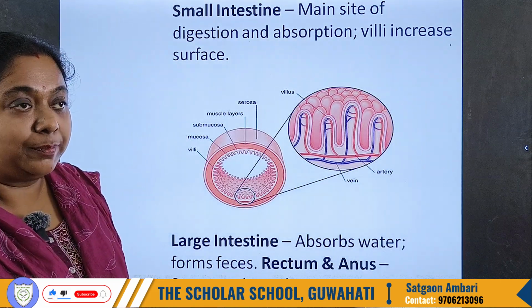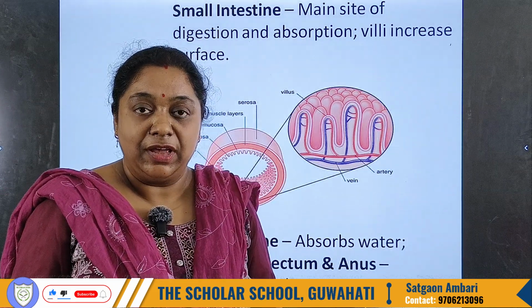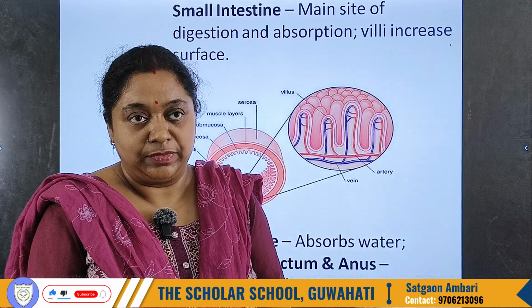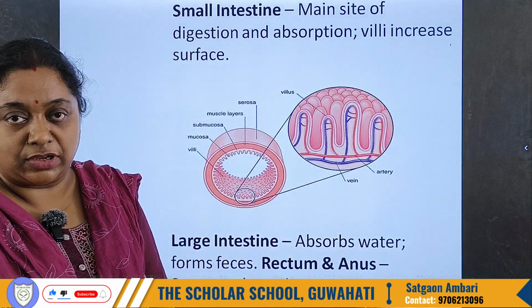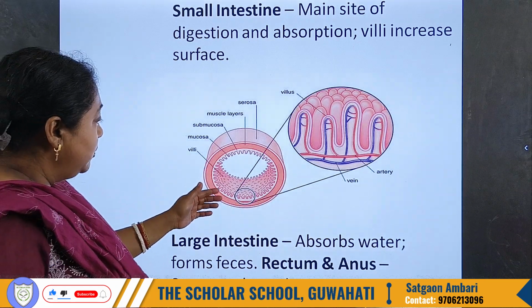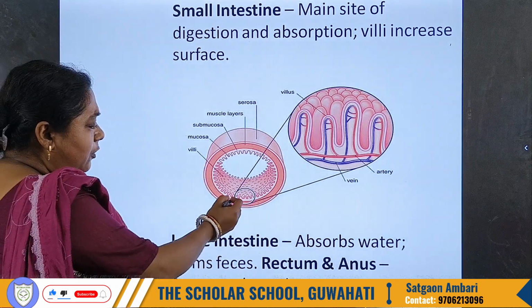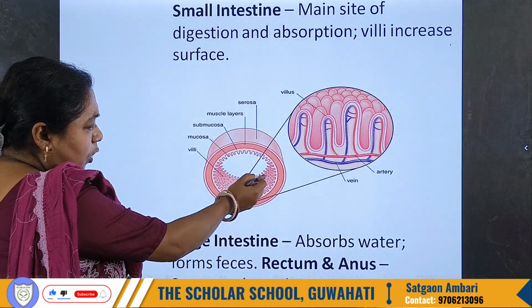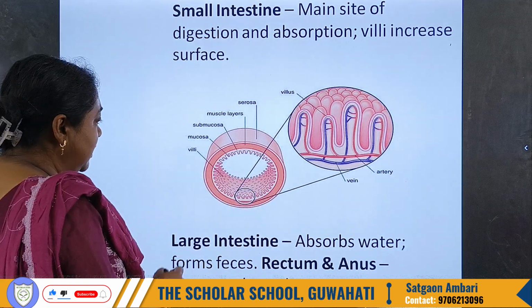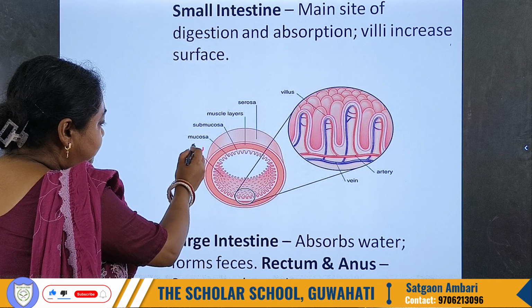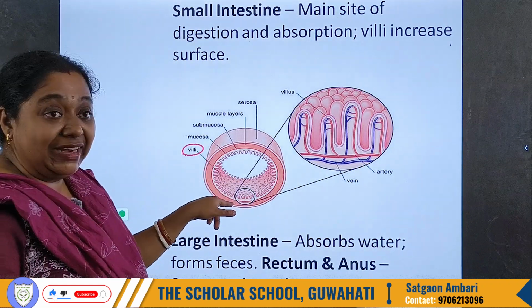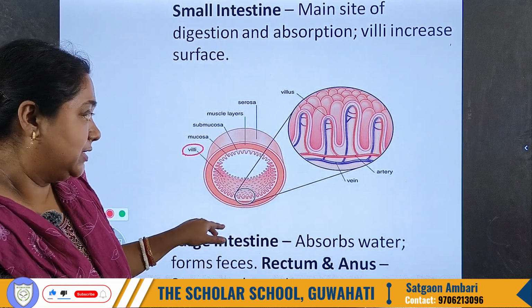For absorption, the small intestine has a very unique structure. Inside the small intestine, which is tubular in structure, there are millions of tube-like structures called villi. You can see the villi are very minute structures present on the inner wall of the small intestine.